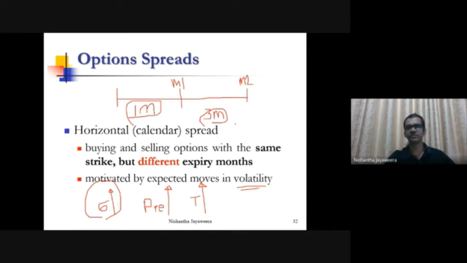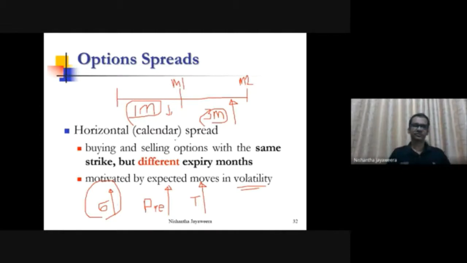If you think 3 month volatility to increase while 1 month volatility to decrease, what would happen? Premium on the long end option will go up while short end decreases. So if it is your expectation, then you can decide what to do.